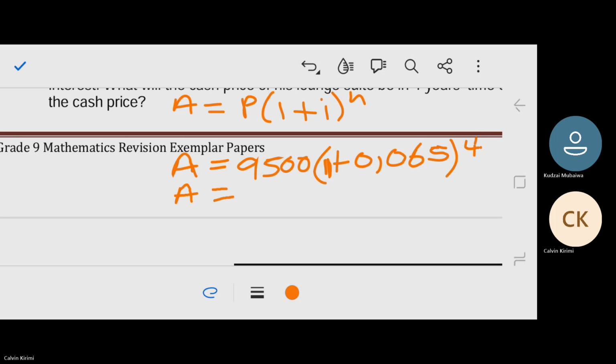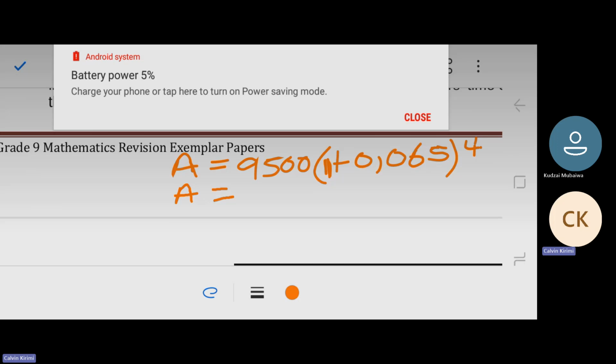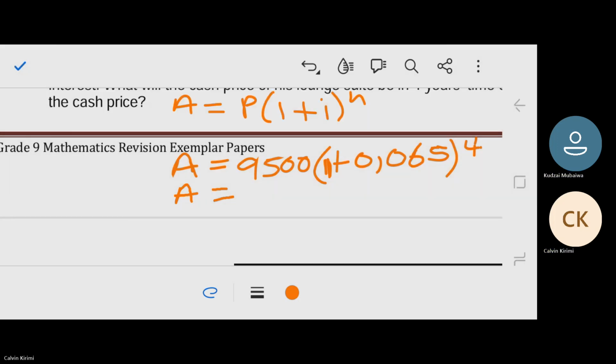12,221.3. You have already rounded off. Power 4. 12,221.